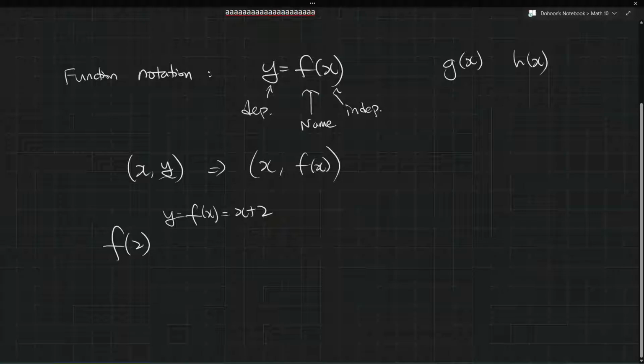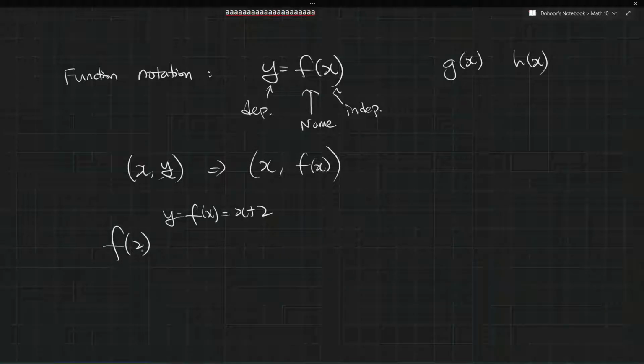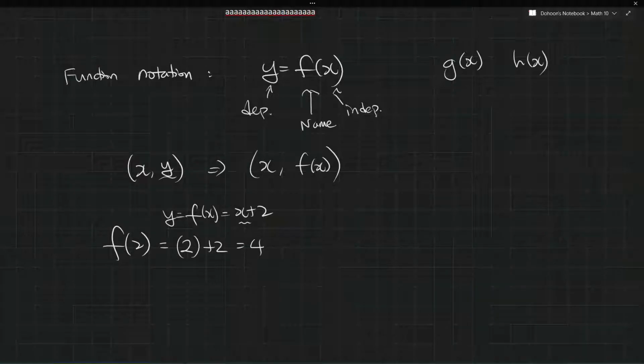We could go like y equals f of x equals x plus 2. Then, if I do f of 2, in the place of x, I just replace it with 2. 2 plus 2 is 4. Okay, so f of 2 is 4. It means that when x is 2, f of x is 4, or the y value is 4. Then we can make an ordered pair that looks like this, 2 and 4.